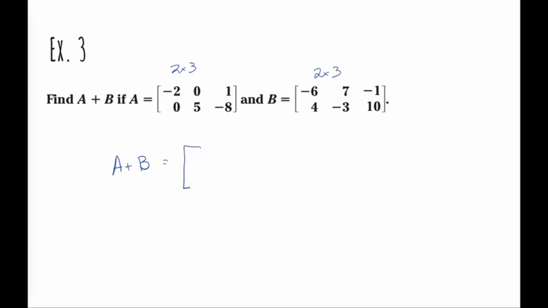So our sum, A plus B, is going to be a 2 by 3 matrix. And so all we do is we add the corresponding elements. So negative 2 plus negative 6 is negative 8. And 0 plus 7 is 7. And 1 plus negative 1 is 0. And 0 plus 4 is 4.